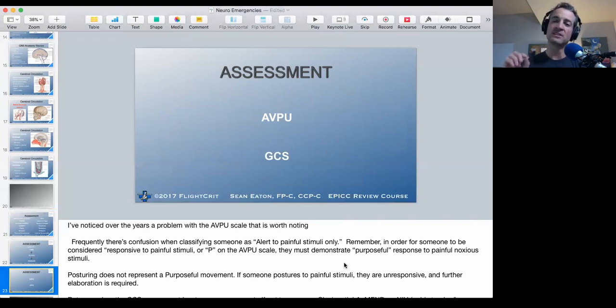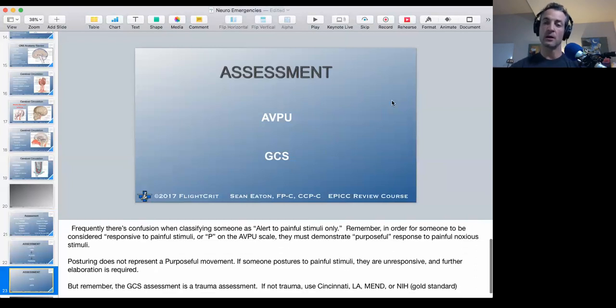And then you need to differentiate how unresponsive they are using the Glasgow Coma Scale. If you were to sternal rub them and they would open their eyes and say, ow, that's a purposeful response, and that's one that would get them classified as responsive to painful stimuli, not a decorticate cerebral posturing. That's not a responsiveness.